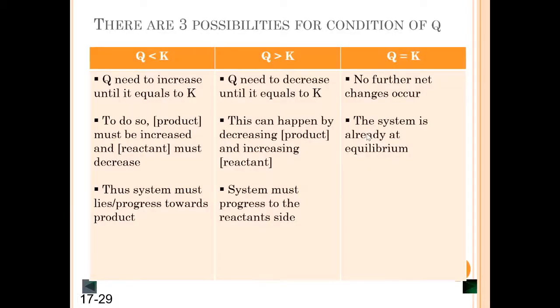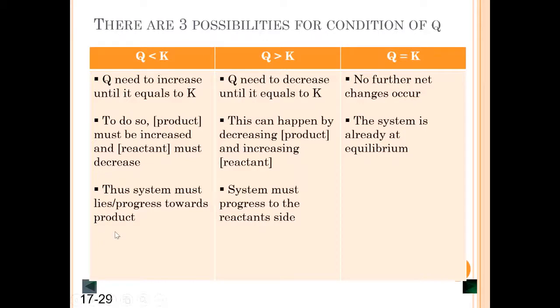So there are three possible conditions for Q. Either Q is less than K, or Q is greater than K, or Q is equal to K. If Q is less than K, Q needs to increase until it is equal to K. To do so, the product concentration must be increased and the reactant concentration must be decreased.